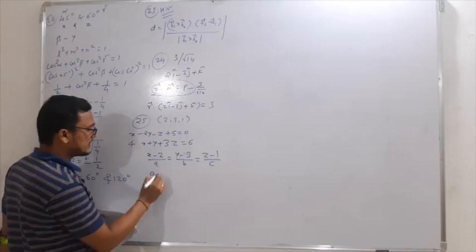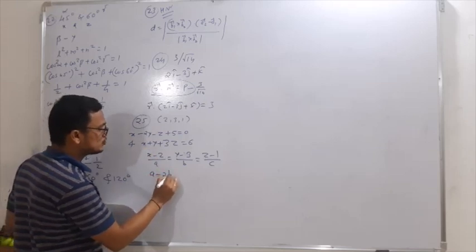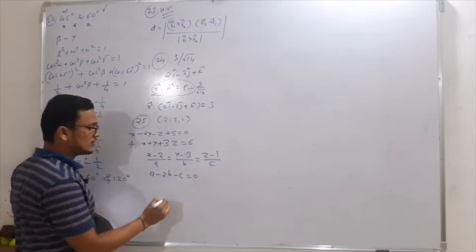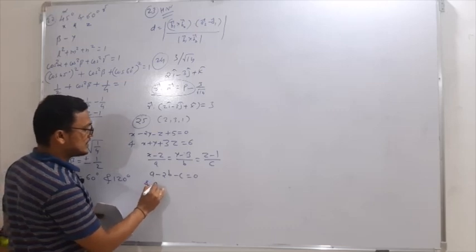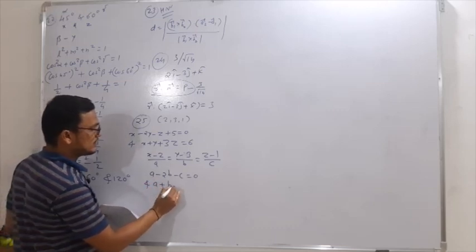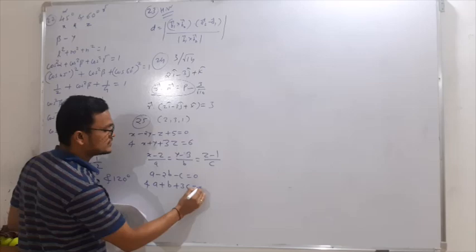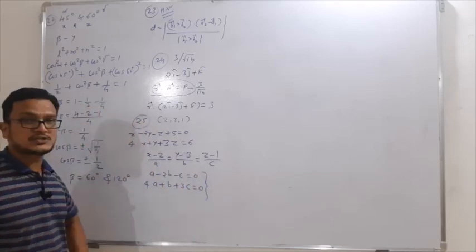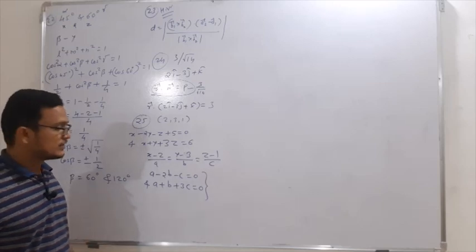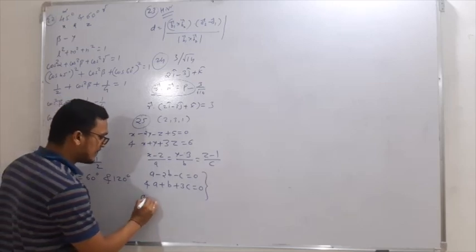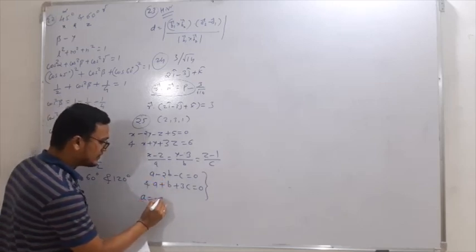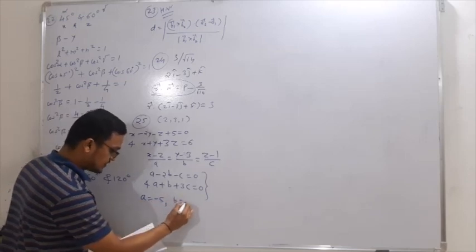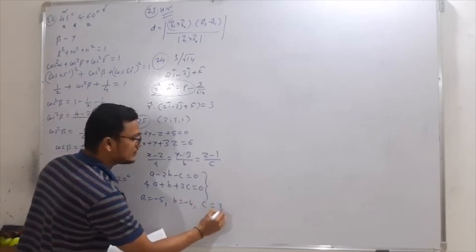The first plane can be written as a minus 2b minus c is equals to 0, and another one is a plus b plus 3c, which is equals to 0. So when you simplify both the equations, we will have the a value as minus 5, b value as minus 4, and c value as 3.